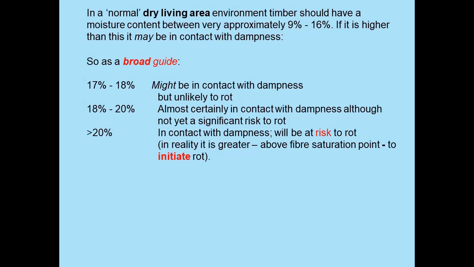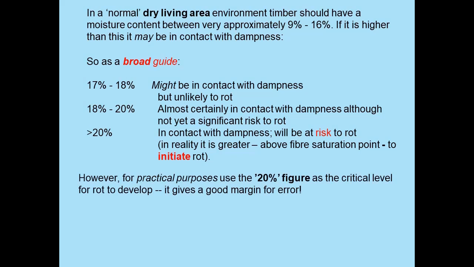However, in reality, it is greater, i.e. above the fibre saturation point, to initiate rot. However, for practical purposes, I would use the 20% figure as the critical level for rot to develop. Why? It gives a very good margin for error.